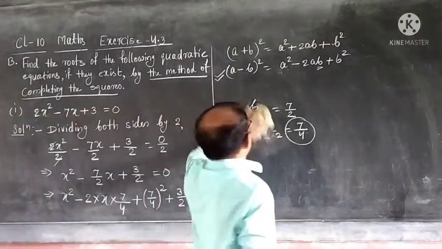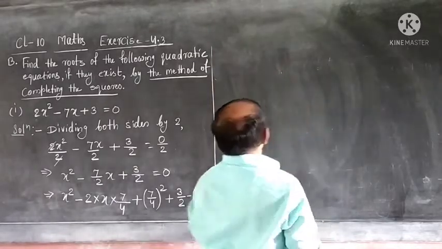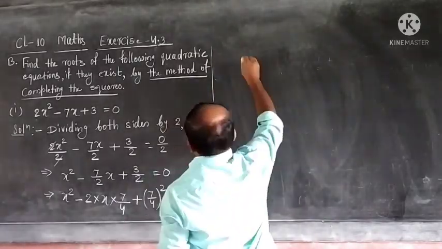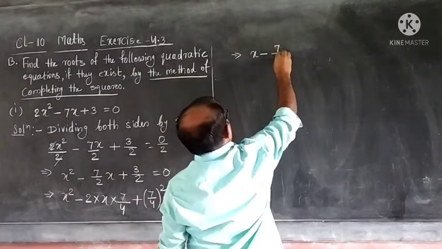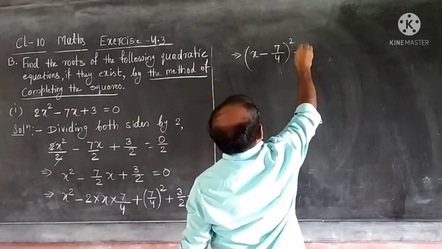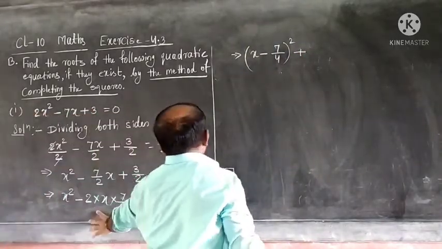We get now a minus b, b is what, 7 by 4 square. So, the first part has become a perfect square.